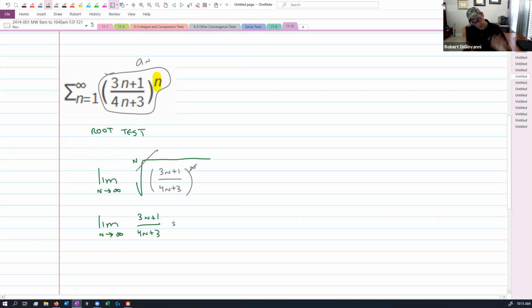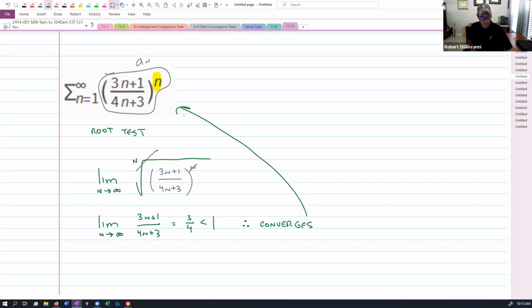And that limit with L'Hopital one time gives you 3/4. That's less than 1. Therefore, you get convergence. Right, that converges. It's a pretty nice test whenever you have the whole thing raised to the nth power.